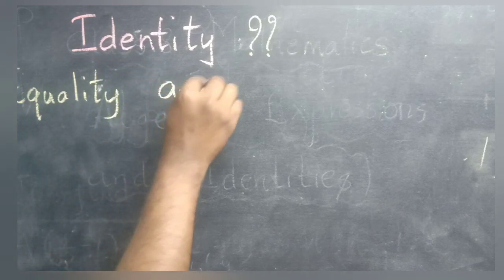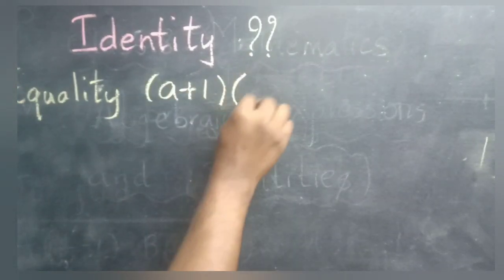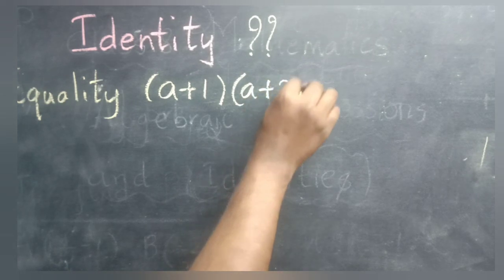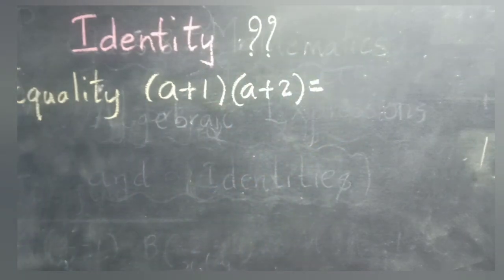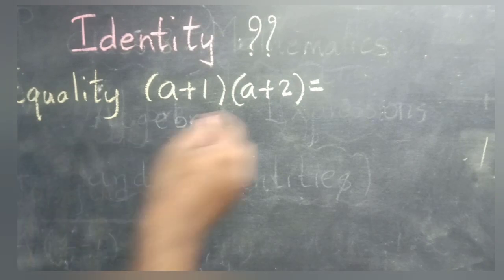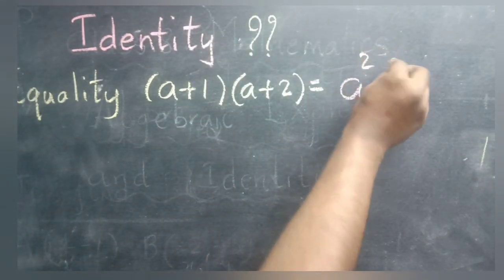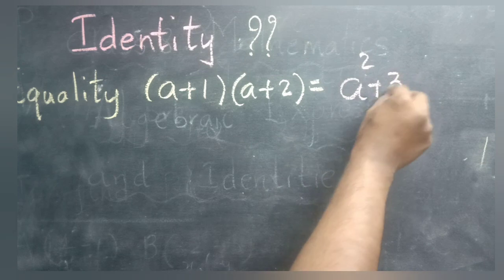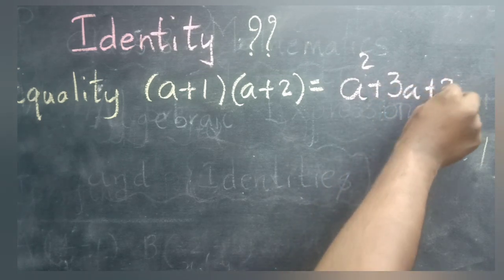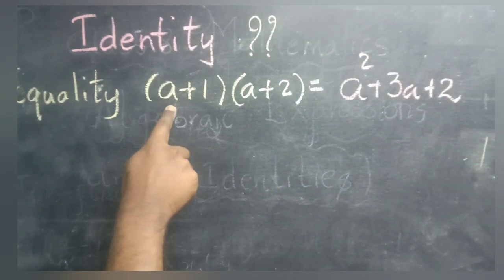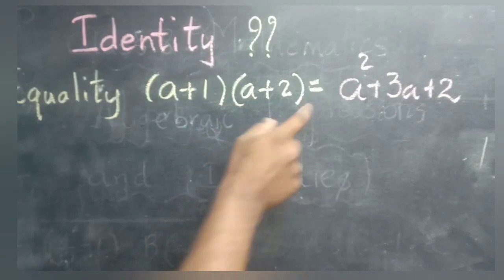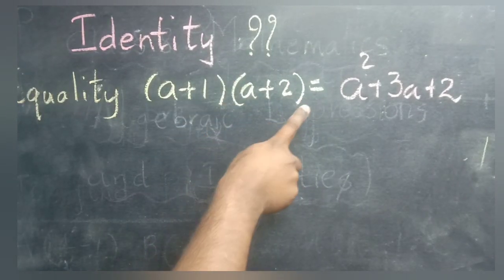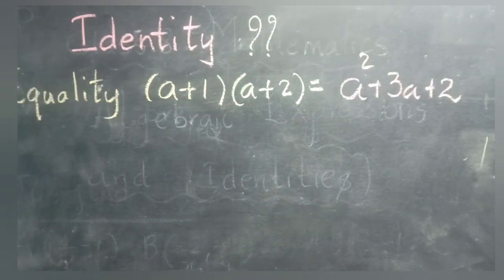(a plus 1) into (a plus 2), which can be written as what? It is just a binomial multiplication, and we get a square plus 3a plus 2.